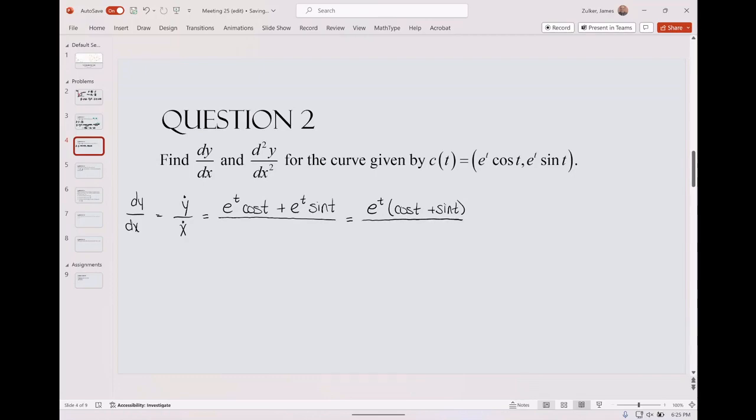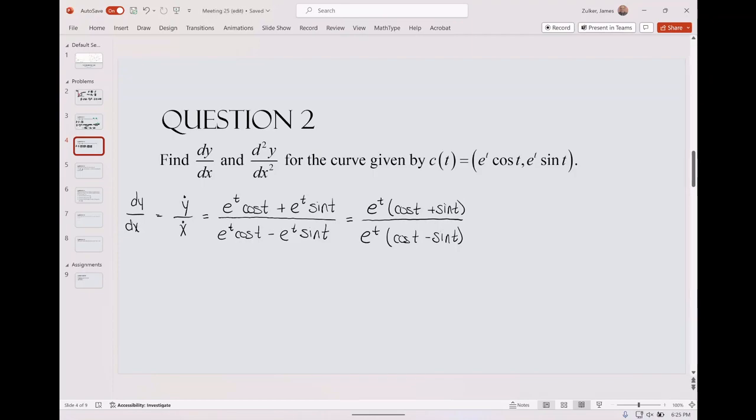What about x dot? e to the t cosine t minus e to the t sine t. Again, factor out that e to the t. Oh, that's a bummer. Why do we have a plus in the first case but minus second?